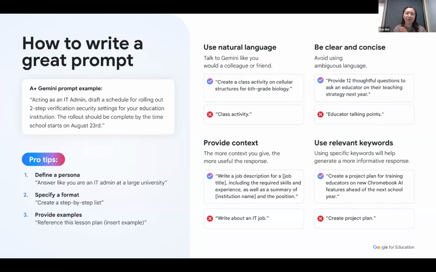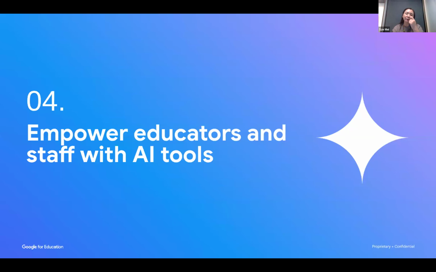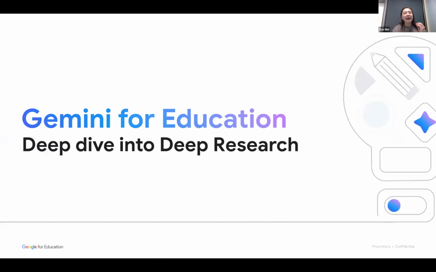What you don't tell your friends, you don't tell Gemini, you don't tell your AI, okay? So keep your private data private. Ultimately, this is how we want to write a great prompt. We want to empower educators, staff, as well as students with AI tools. And today, specifically, our topic is Gemini for Education, a deep dive into Deep Research.